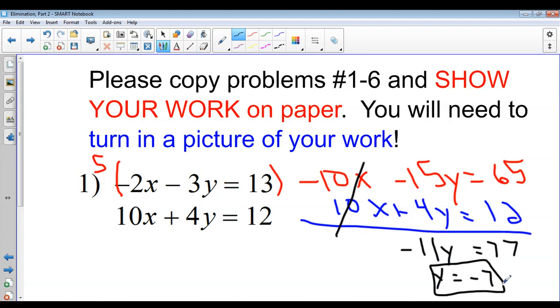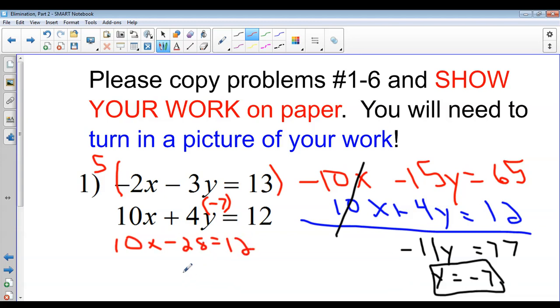And remember, you can pause if you need to. Okay, so now I'm going to plug in that value for y into the top row or the bottom row. You know me and negative numbers, right? I am actually going to plug it into the bottom row, but you could do whatever you want. So now I'm going to go, all right, 10x minus 28 equals 12.